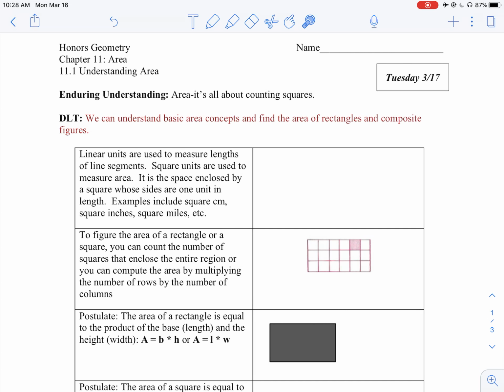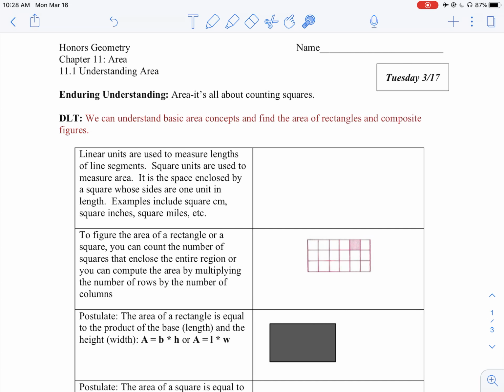The idea where area comes from is if I take this linear unit and if I extend it and I form a square out of it, and each one of these sides has a length of 1 linear unit, then area is thought of as the space inside of this square. So I would say this square is 1 square unit big.